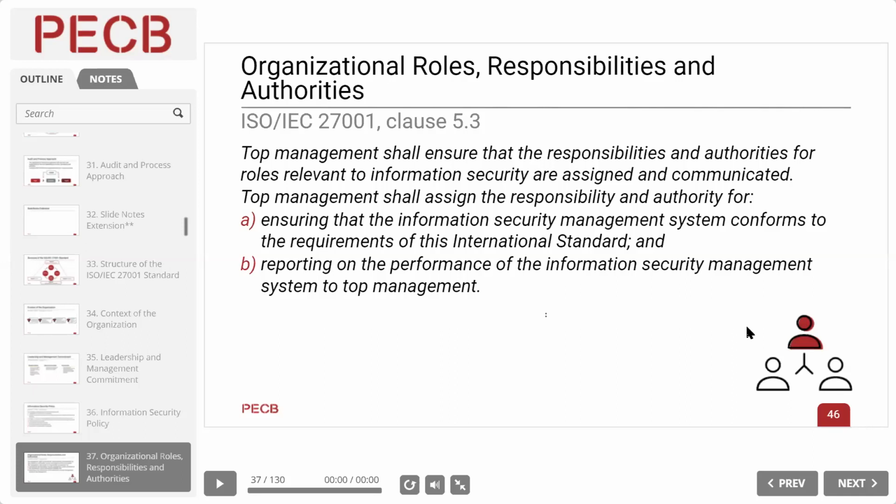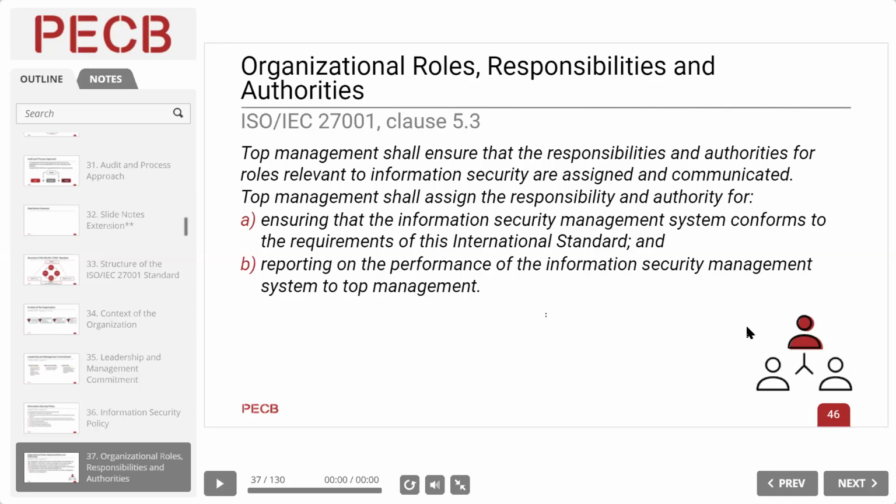So these are organizational roles, responsibilities, and authorities, which we expect that in any organization, roles and responsibilities are outlined. So we expect your marketing function, who is responsible? You have a head. Your finance function, who is responsible? You have a head. So these are all sections, departments, units, functions of the organization that need to be allocated responsible people to manage them.